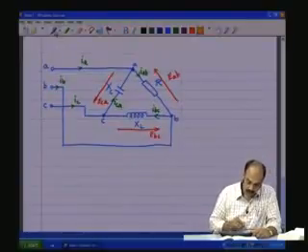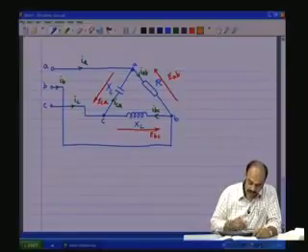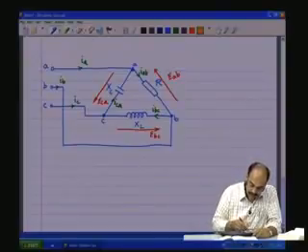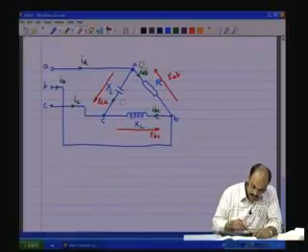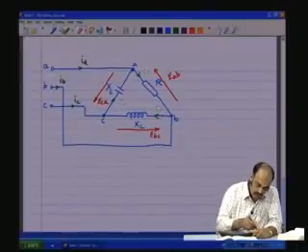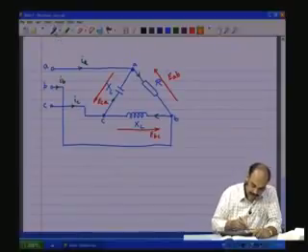So, what we have now said is that we have effective values here, which after having been solved, are like this.